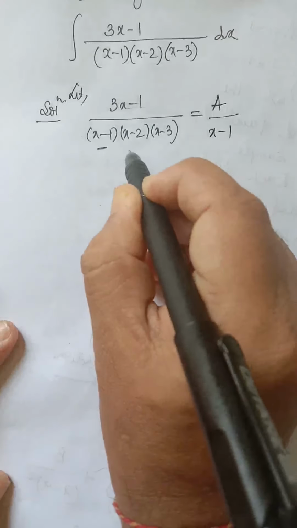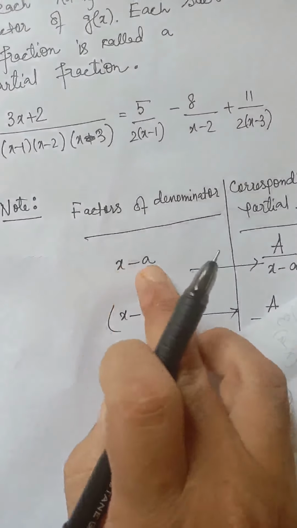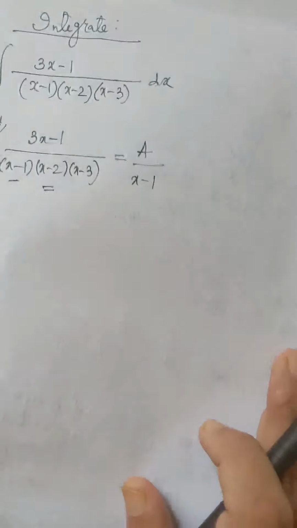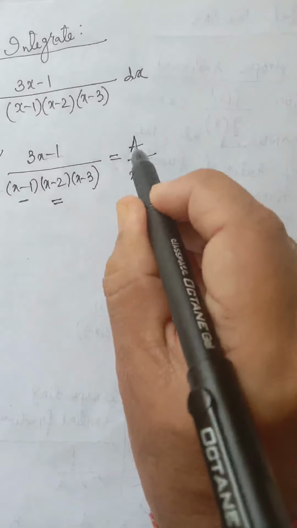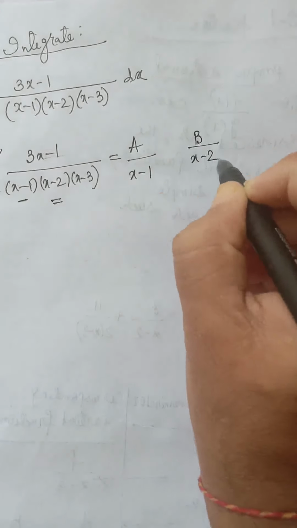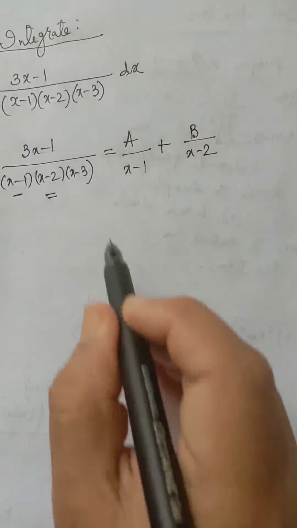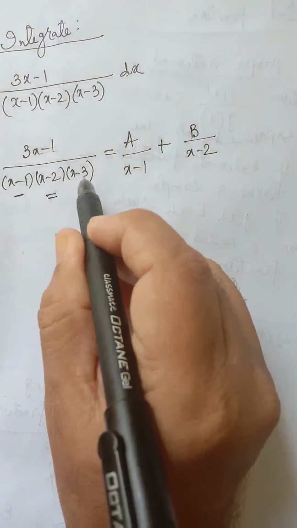The second factor of denominator is x minus 2, which is again of this form. Corresponding partial fraction will be, as we have used A here, we will write B by x minus 2, and we have to connect them with a plus sign. Next, the third factor of denominator is x minus 3.